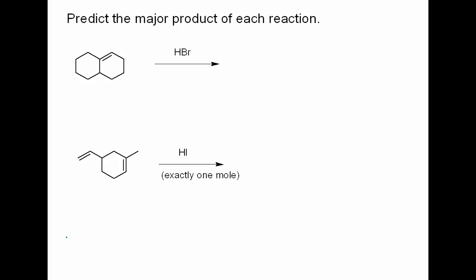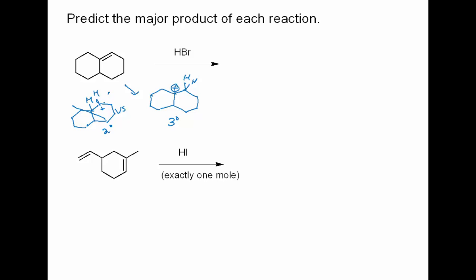Okay, let's look at predicting the products of these reactions here. Again, you should pause the video, predict the products, and then see if you got it right. HBr adding to this alkene. All right, so when this happens, we have a choice, of course, to add to this face to make the tertiary, or we can add to the other side to make secondary.